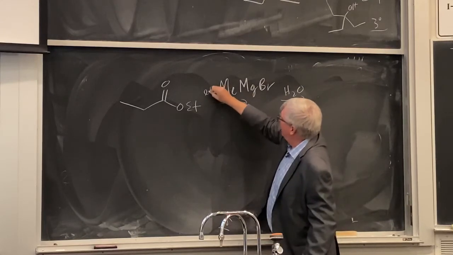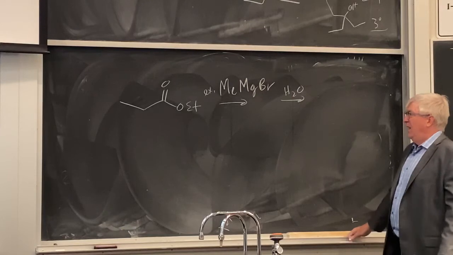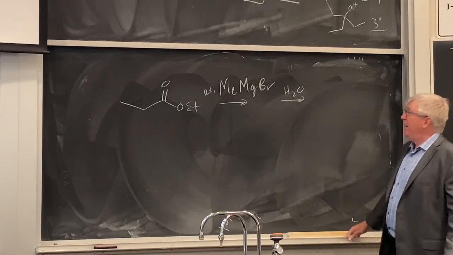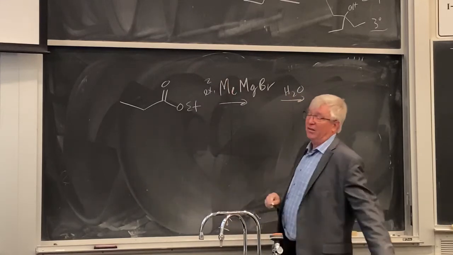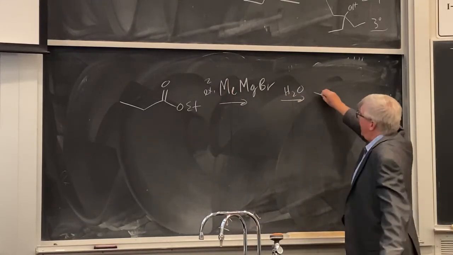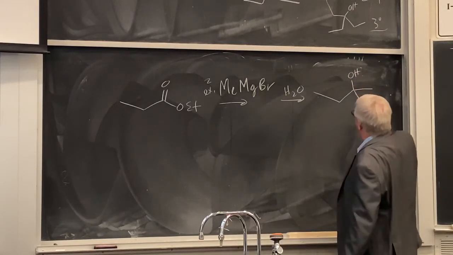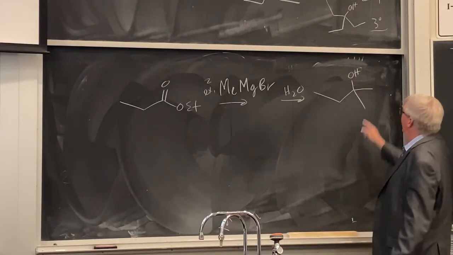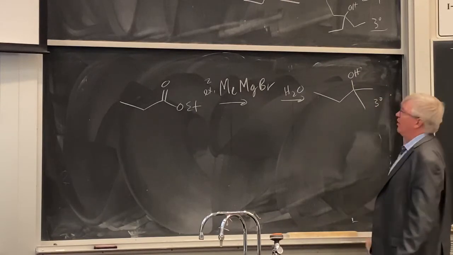We use excess. If we just use one equivalent, we'll get a mixture. So with esters, we have to indicate an excess. And we'll either say EX or we'll put two equivalents there, okay? And if we do that, what do we get? We get the alcohol, but from an ester here, with excess Grignard, we get the tertiary alcohol.